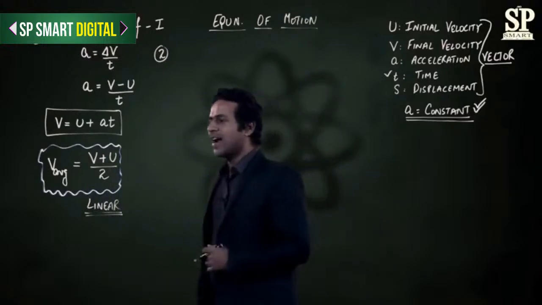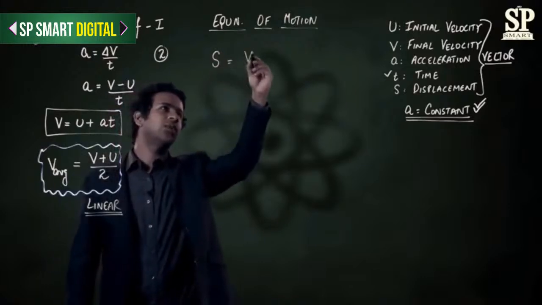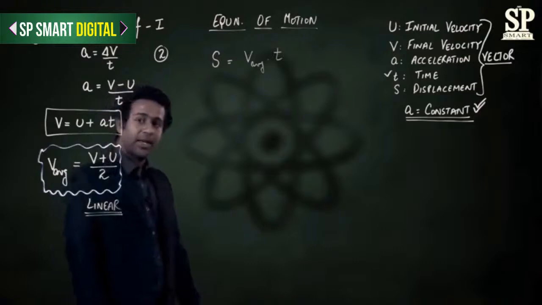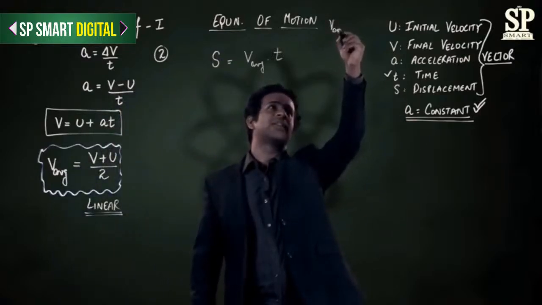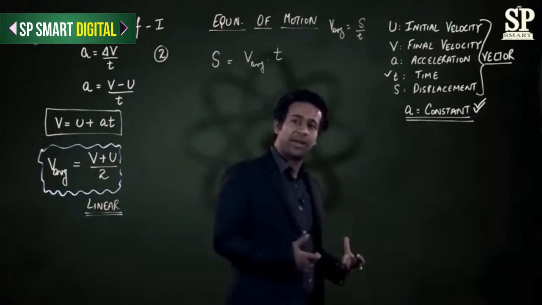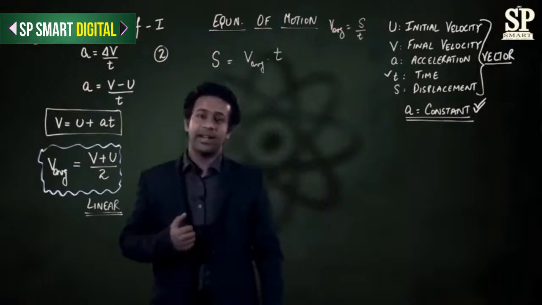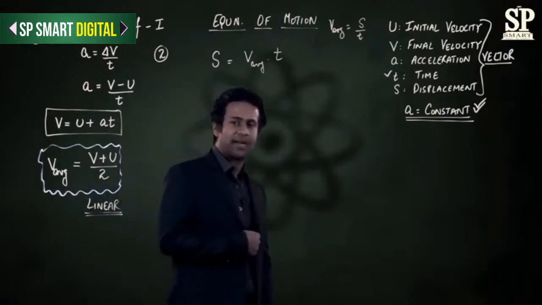So the displacement is equal to the average velocity into time, because the very definition of average velocity is the total displacement by time.